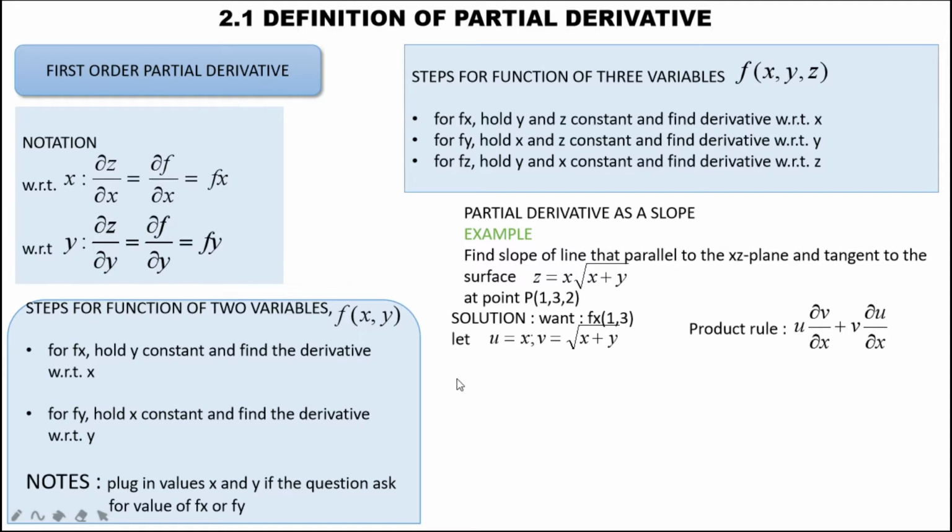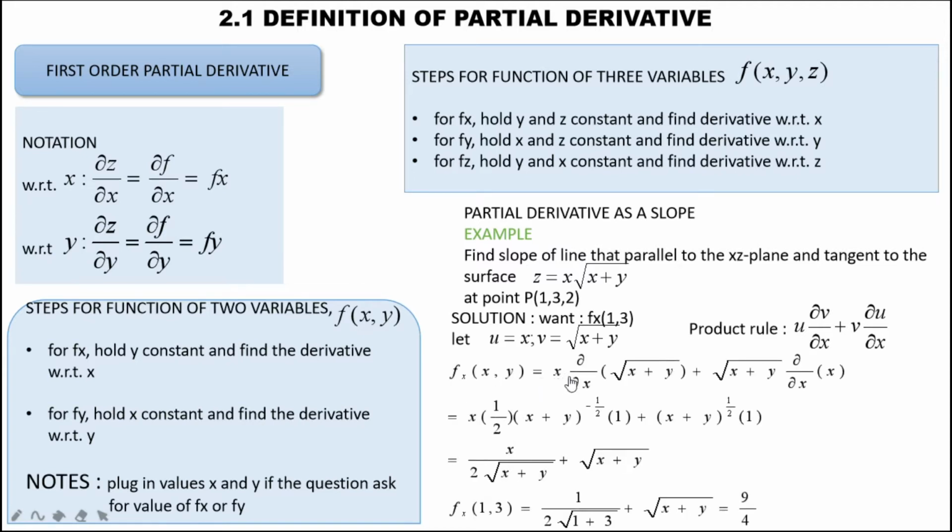So we will get x times the derivative of v, which is √(x+y), plus v times the derivative of u, which is x. So we will get x times 1/2 times (x+y) to the power of negative 1/2 times (1+0), plus (x+y) to the power of 1/2 times 1.